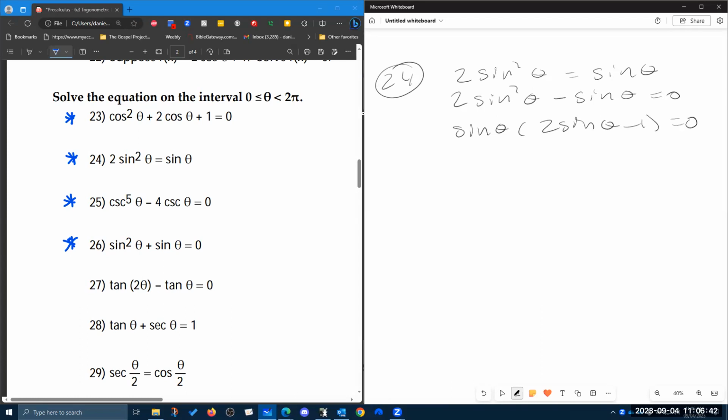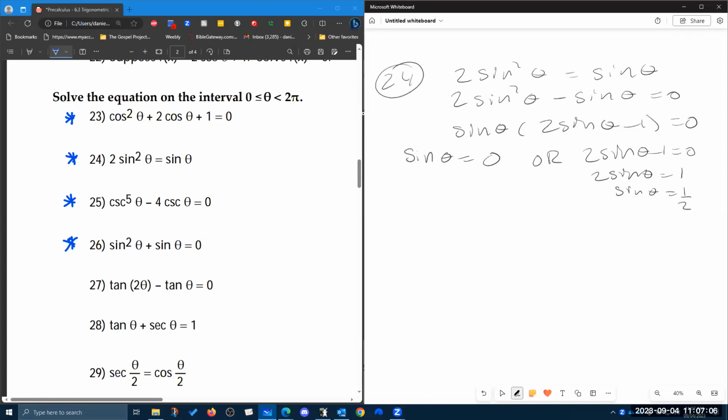And I, again, can do my u substitution here, but let's just keep going. Sine theta is 0, or 2 sine theta minus 1 is 0. So sine theta is 0, or 2 sine theta is equal to 1, and sine theta is equal to 1/2.